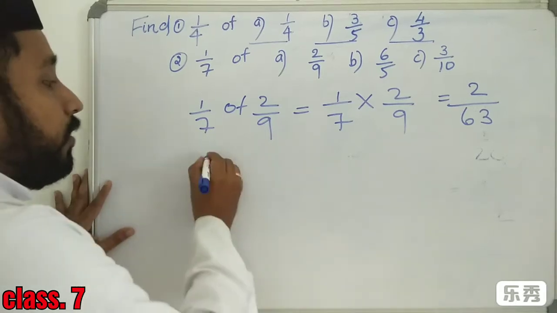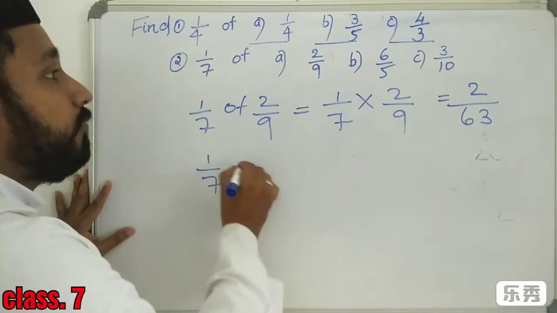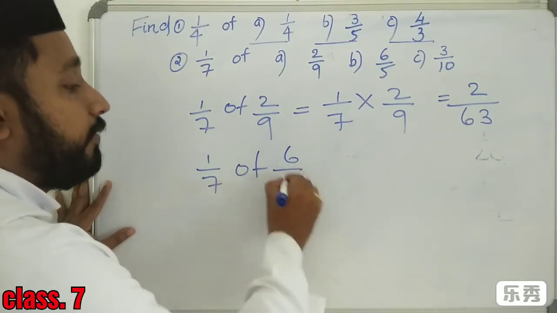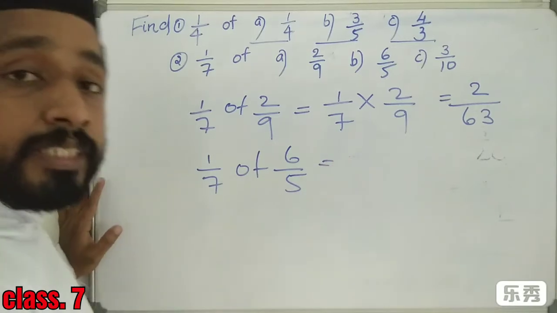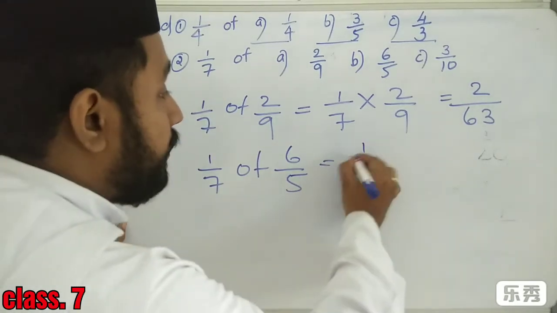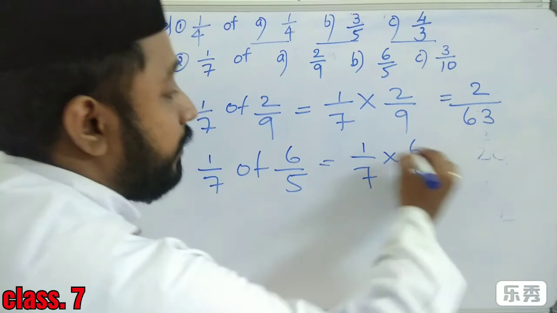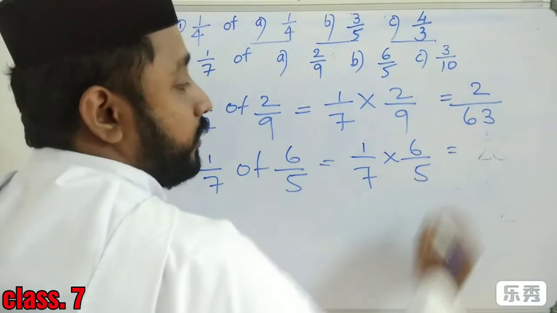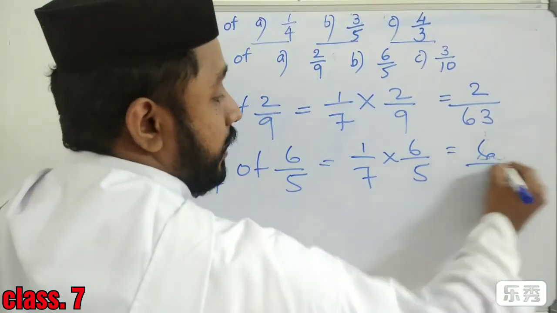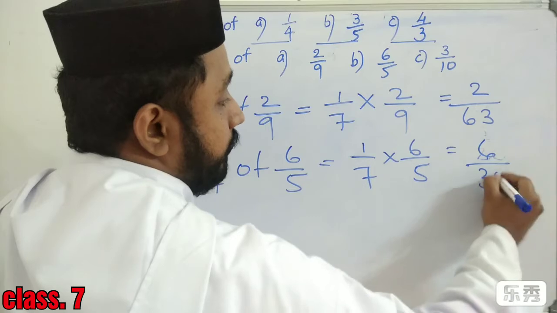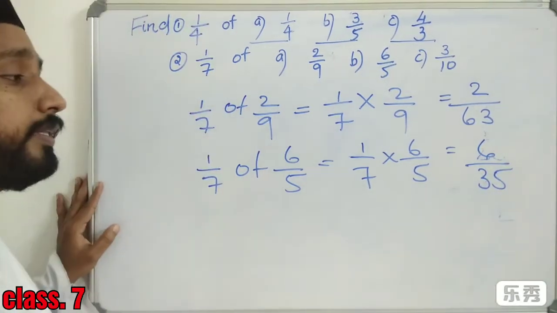Second question, 1 by 7 of 6 by 5 means 1 by 7 into 6 by 5, which is equal to 1 into 6, 6, 7 into 5, 35. So 6 by 35.